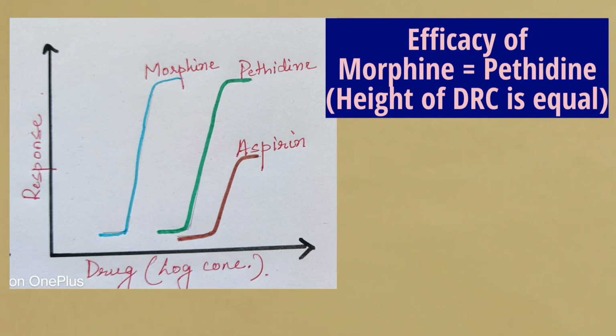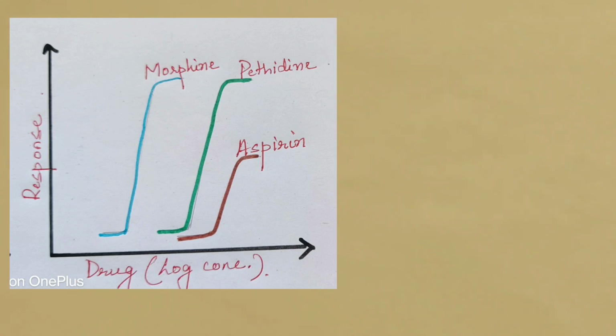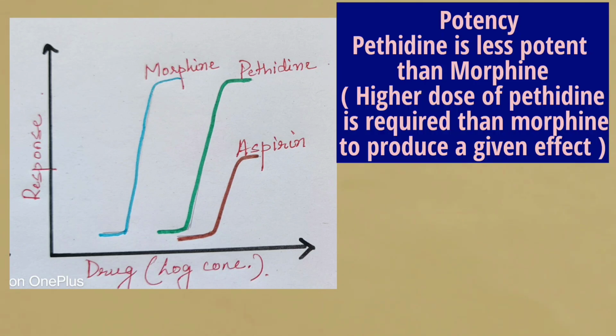As shown in the graph, the upper limit of the dose response curve for both morphine and pethidine are same. So morphine is equally efficacious as pethidine. But in terms of potency, pethidine is less potent than that of morphine because greater dose of pethidine is required to produce the same therapeutic effect as that of morphine at lesser doses.